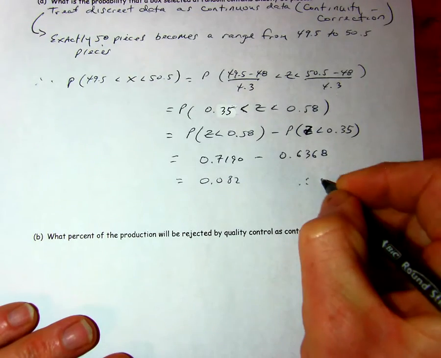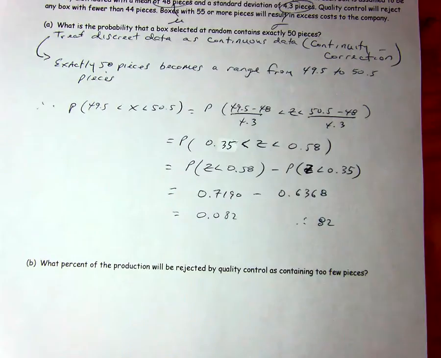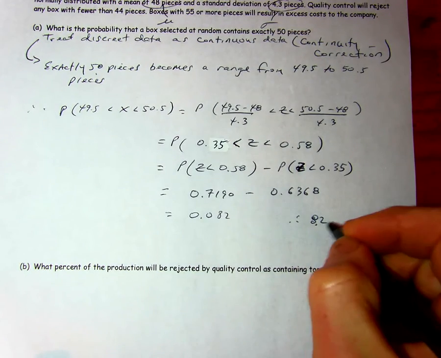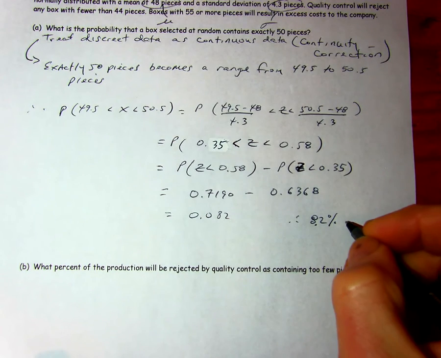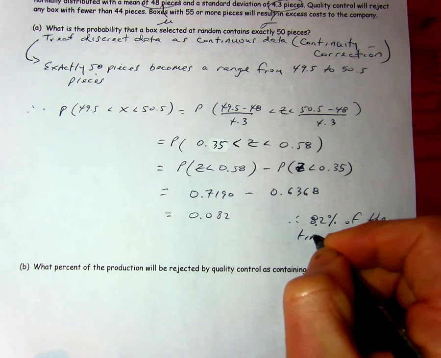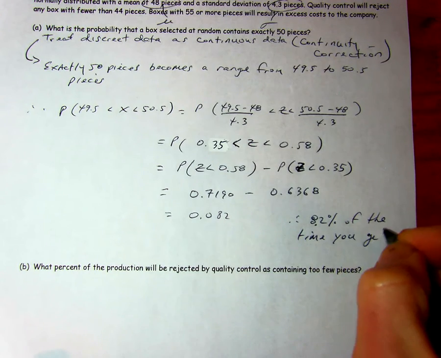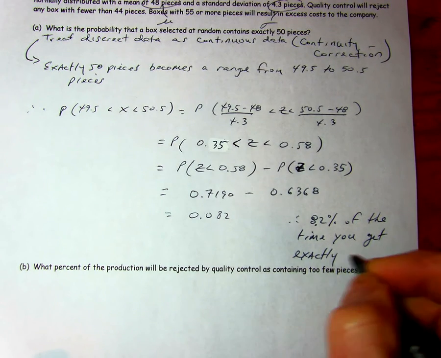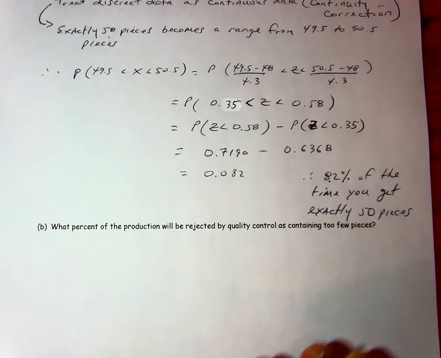Therefore, 8.2%. We have to use continuity correction to be able to do this calculation. But 8.2% of the time, you get exactly 50 pieces. Does that make sense?